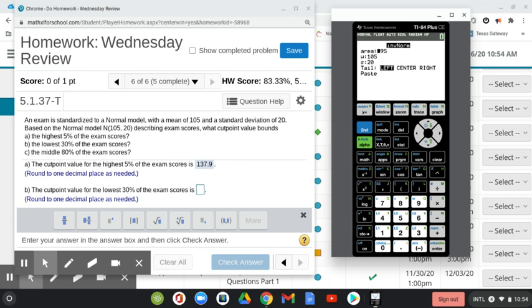Now I want to change this 0.95 to 30%. My mean and my standard deviation stay the same. Hit enter one more time. And then my score would be 94.5.